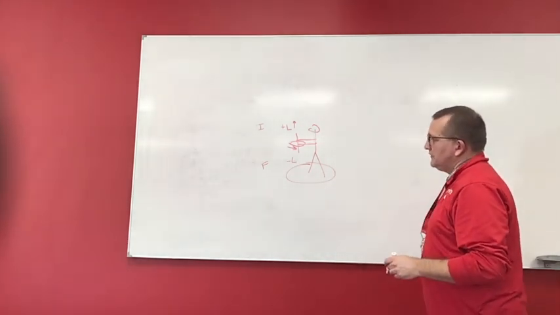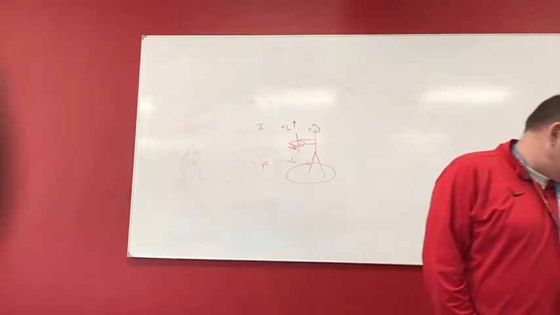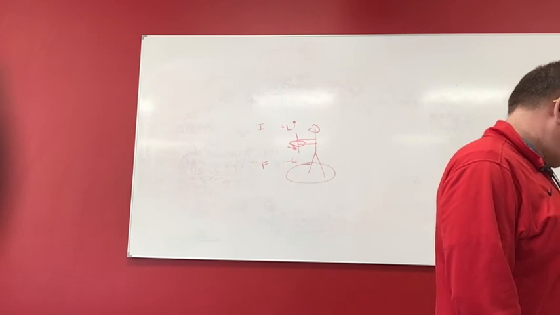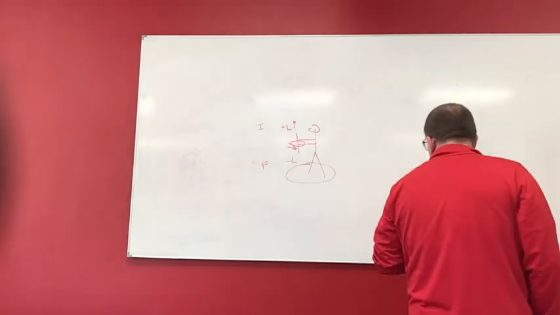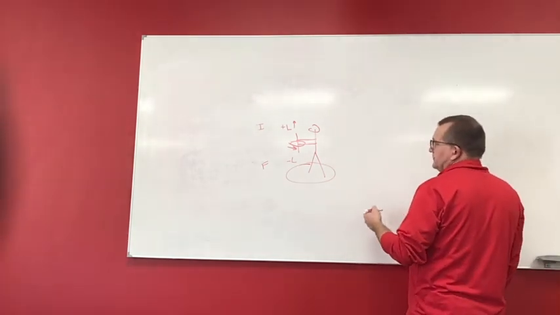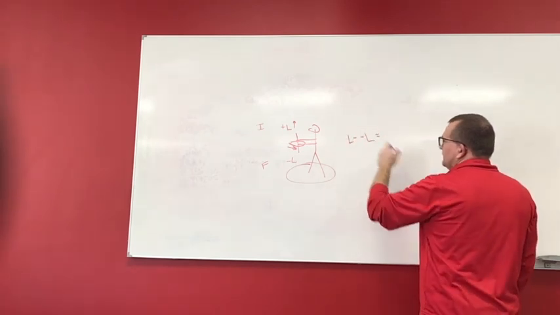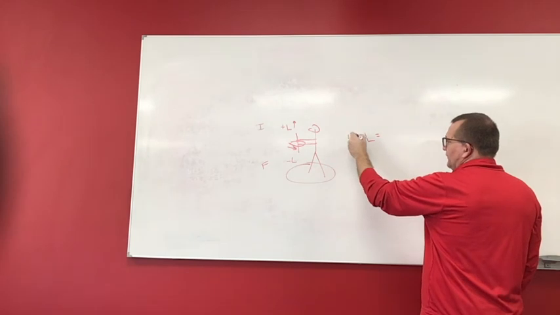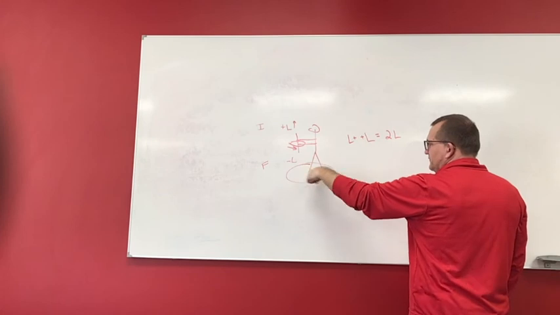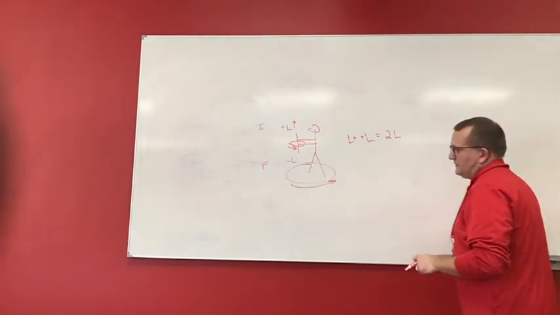Now we take a look at the change in momentum for the teacher. It will go from L minus negative L, which is L plus L, which is 2L. So the momentum of the teacher will be 2L, and it'll be going in the positive direction, so he will spin this way.